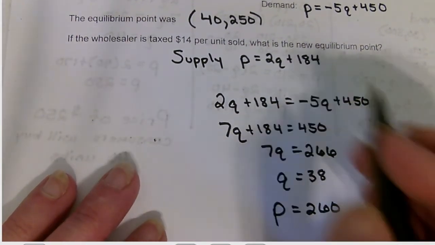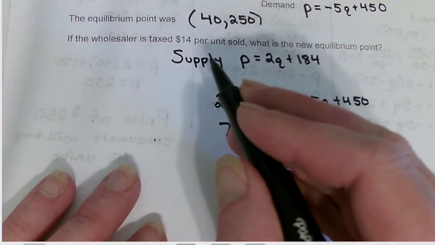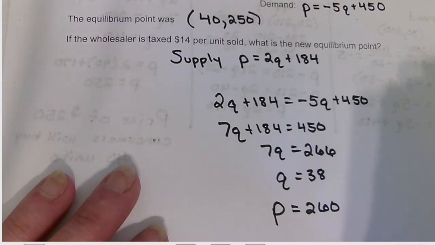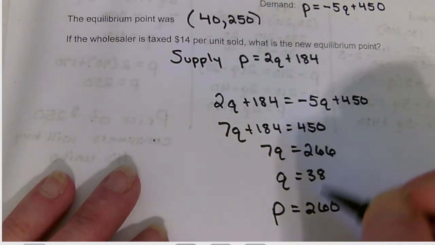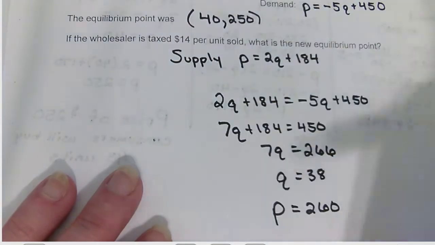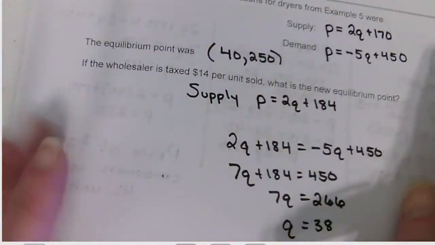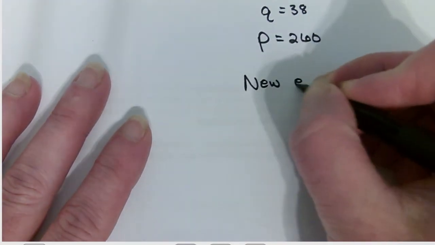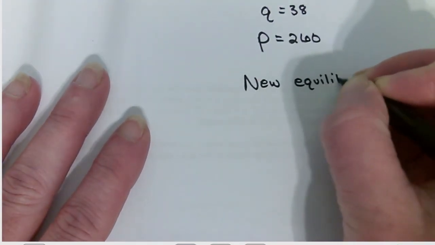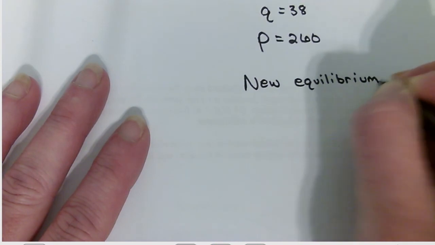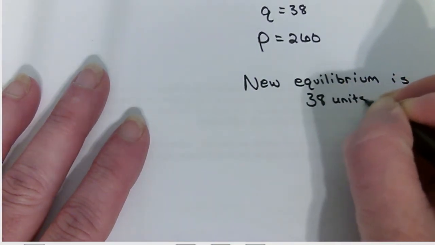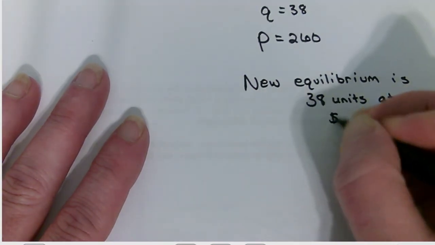So notice it does decrease the quantity a little bit and increases the price a little bit. But it doesn't increase the price all the way up $14 from the last equilibrium point. So my new equilibrium is 38 units at $260 each.